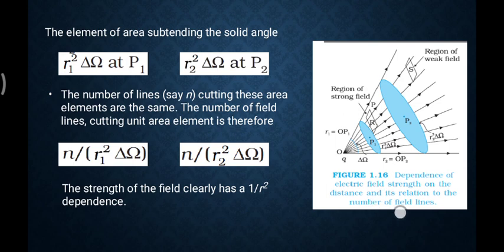So I can say the number of field lines associated with the area element depends upon 1 upon r square. So this tells us at the end all about the dependency on the distance from the point charge. The strength of the field clearly has 1 upon r square dependency.